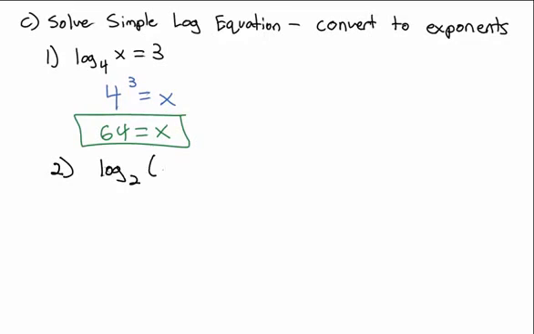If we have log base 2 of 3x plus 5 equals 4, can't solve it as a log, so we'll change it to an exponent problem. 2 is the base, 4 is the exponent, equal to the 3x plus 5.